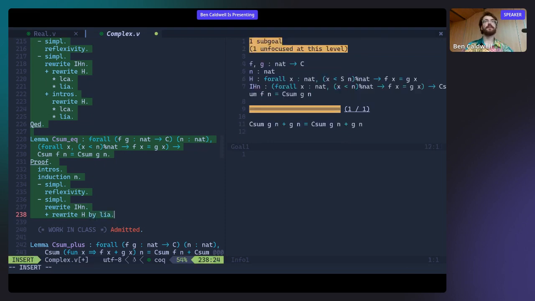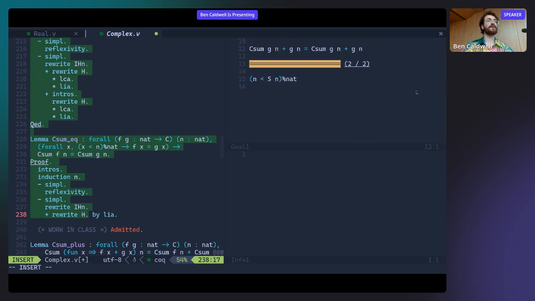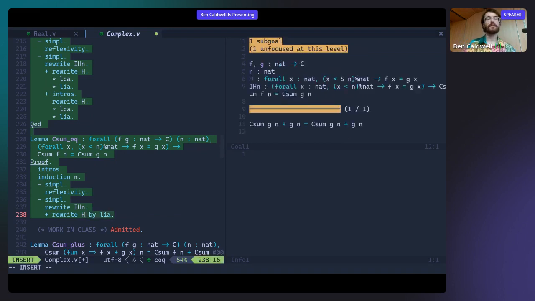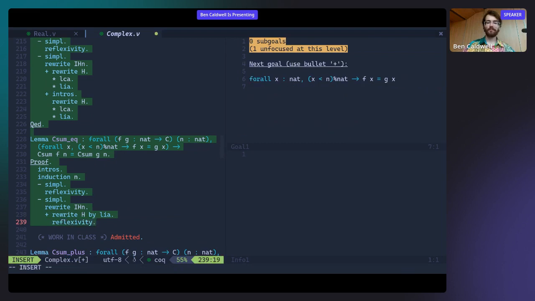And here, we can use a nice tactic. That is the by tactic. This is in particular very useful when you have these proofs that keep growing. We're rewriting H, but H has a precondition. If the precondition can be satisfied by some simple term or automation, then we can just say, okay, well, I'm going to say it's true by this linear algebra solver that we have already. So that's great.